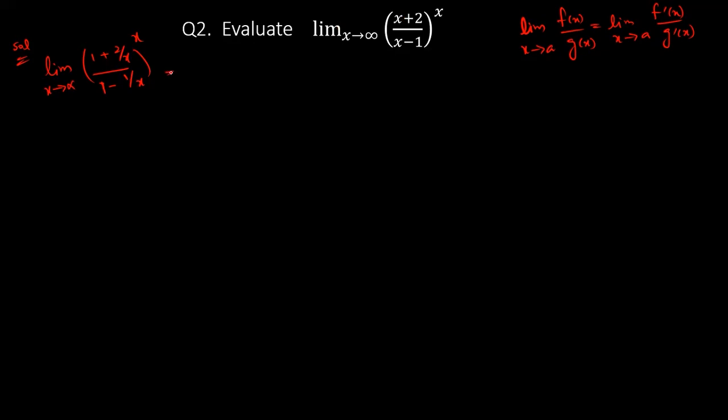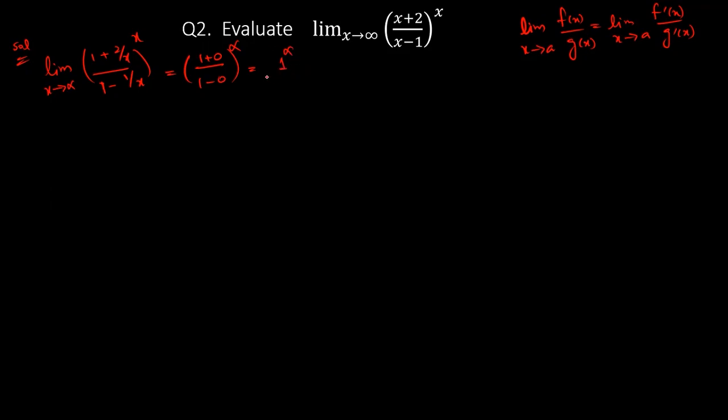Now when we apply the limit directly into the function, it will give us 1 plus 0 over 1 minus 0, to the power infinity, and by simplification we get an indeterminate form of 1 to the power infinity.